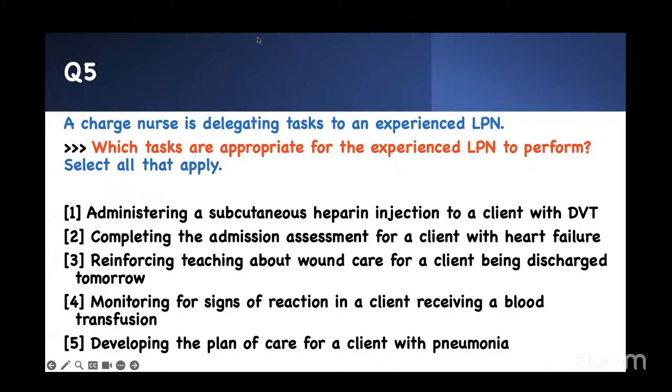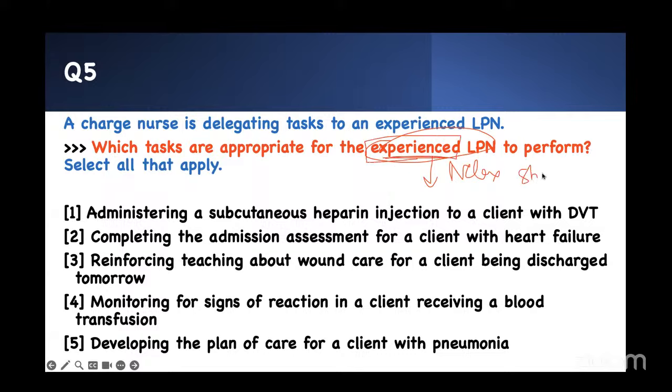This is an experienced LPN. It's not just an LPN, it's an experienced LPN. What do you think they will be able to do? Let me know the answer. The trick here is experience. If you're taking the NCLEX and you see this word, experience, don't fall for it.